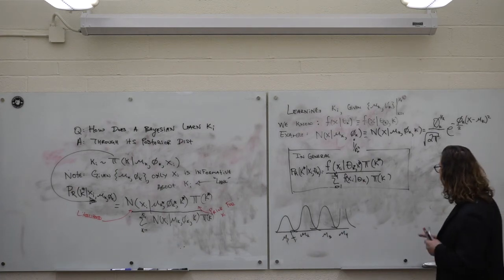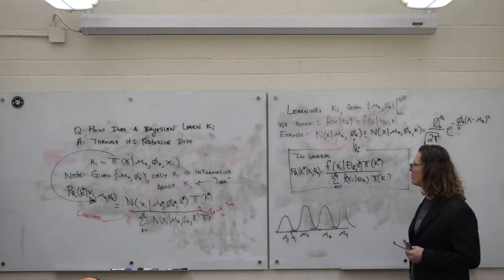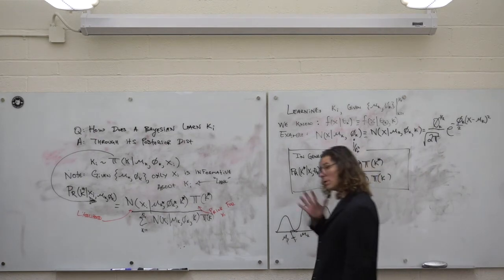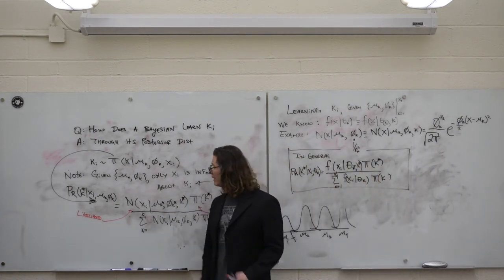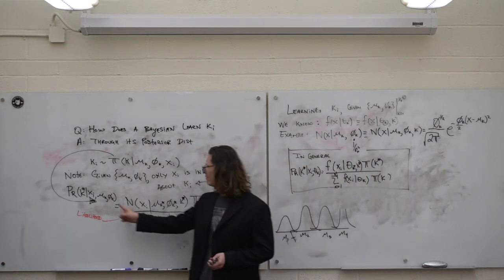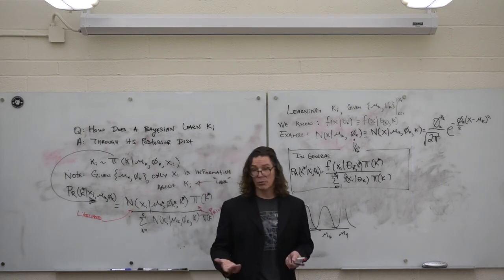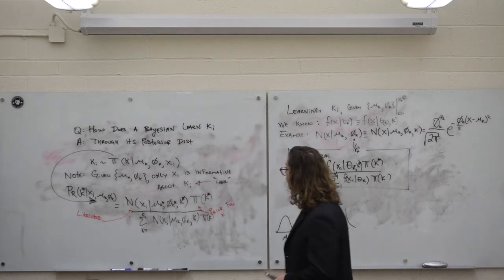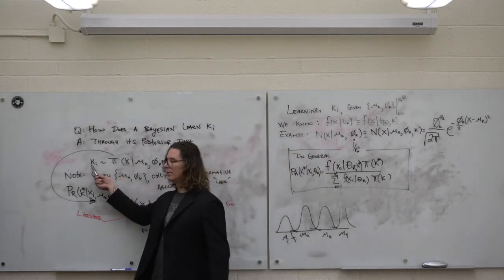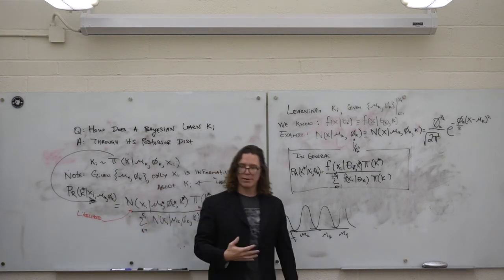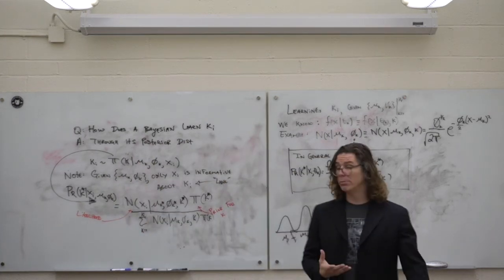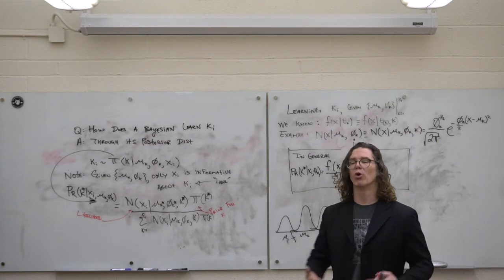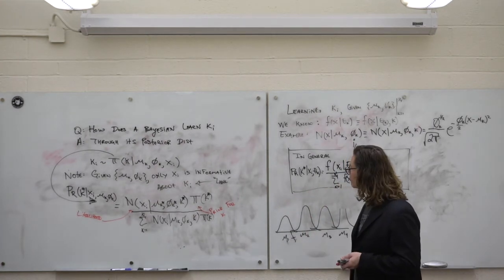So I would be able to do this for each one of the possible k's. So in our 4-mode example, I would have 4 of these probabilities that I can write down. And to sample from it, I would sample from that 4 probability distribution. It's just another multinomial distribution.